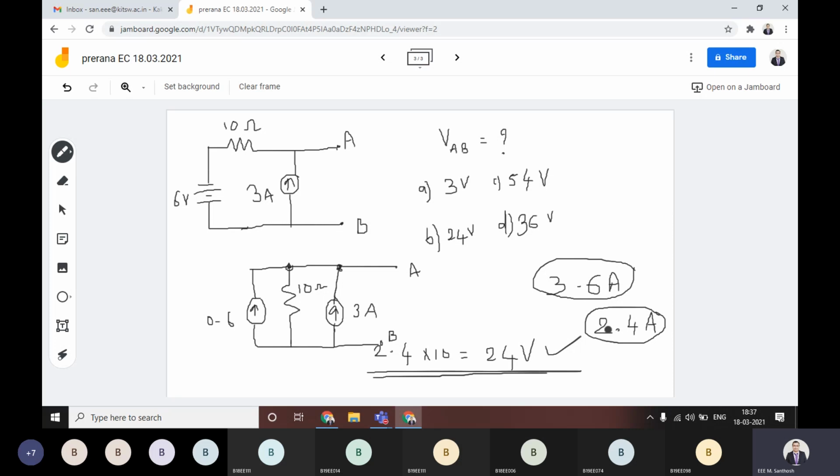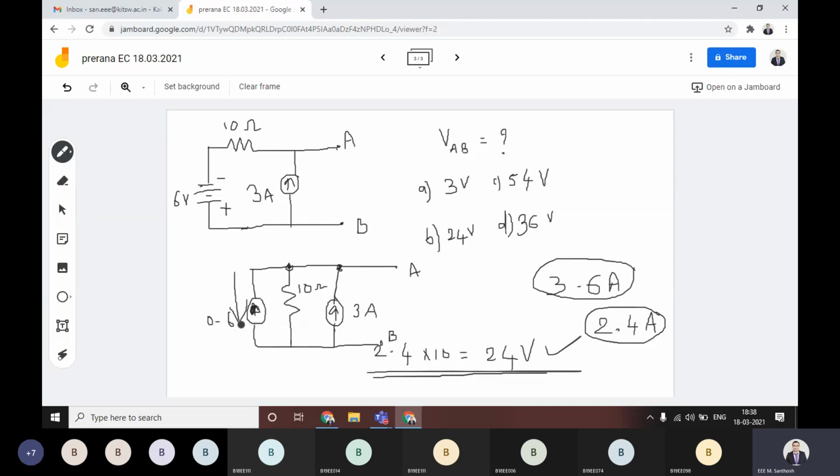The current direction is downwards, no? Very good. This direction is actually not this way. Why? Because this side is negative, this side is positive. This current direction is like this. Nobody is observing. For that reason, I asked you. Here it is negative and this side is positive. For that reason, the 0.6 amperes is downwards.